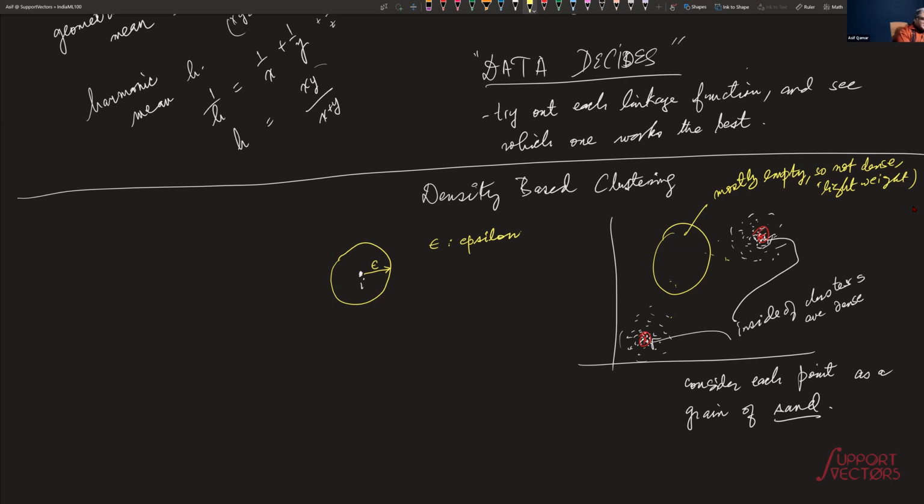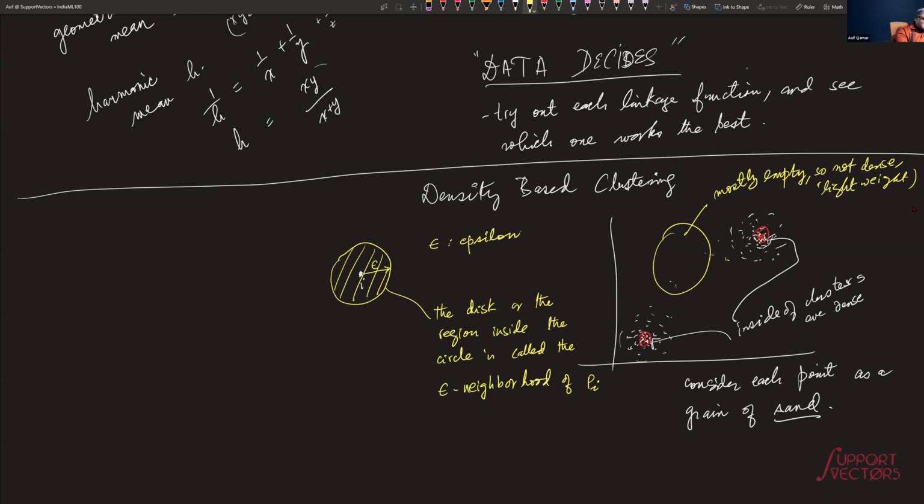Now, the region inside the circle is called, the interesting word is there, the epsilon neighborhood of point i.